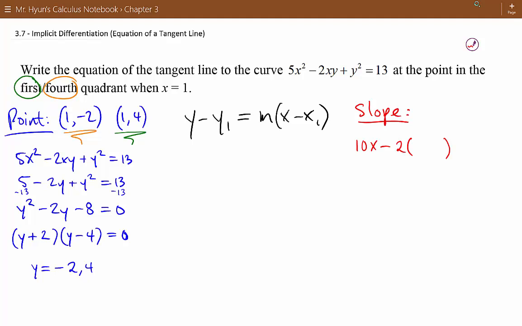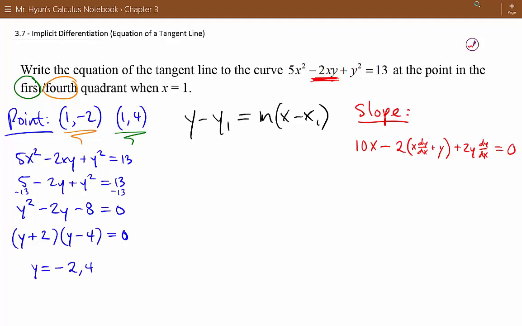This term, minus 2xy, causes a lot of problems for people. xy requires the product rule, but negative 2 is our constant multiple. So negative 2 is going to be on the outside, and then we're going to take x times dy dx plus y times 1, or in other words, just y. Then we'll take plus 2y dy dx for our plus y squared, and this is all going to equal the derivative of 13, which is 0.